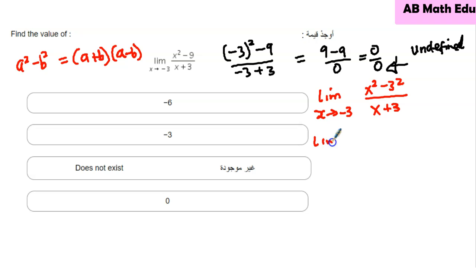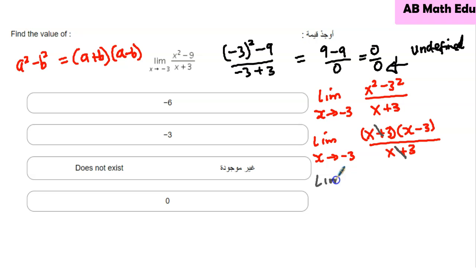So we're going to say the limit as x approaches -3 is going to be (x plus 3) times (x minus 3), divided by x plus 3. Now we can cross some stuff out. This is repeated, so this one will go with that one, and they will turn into 1.